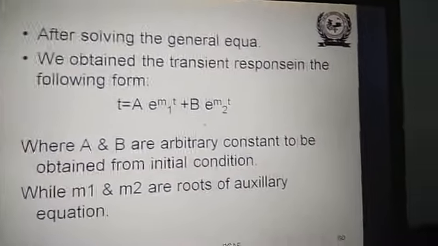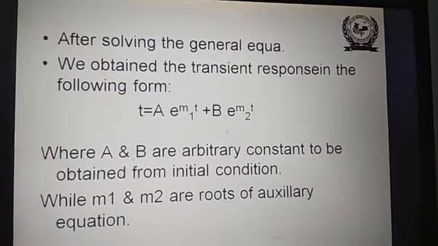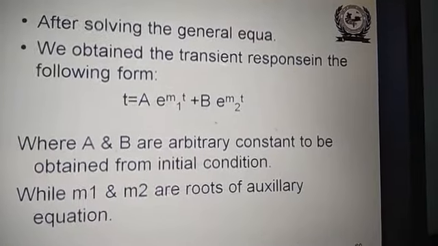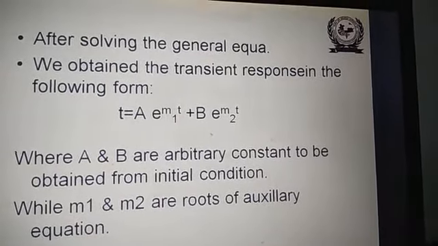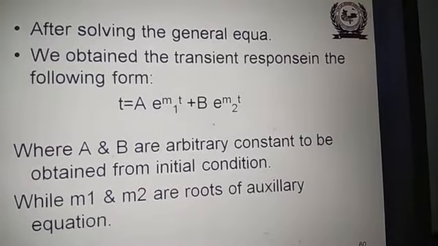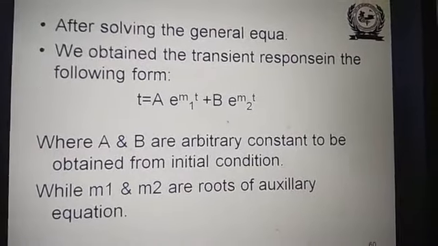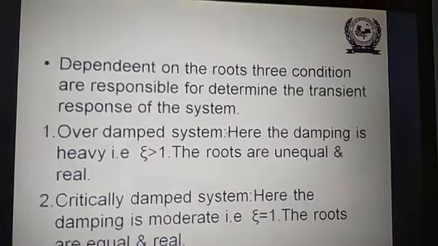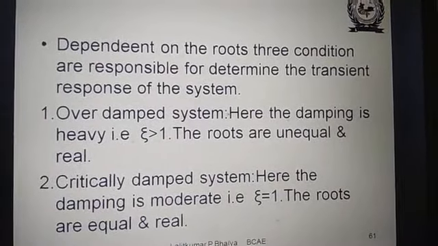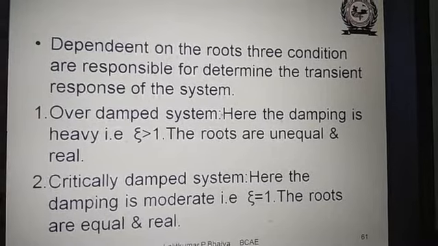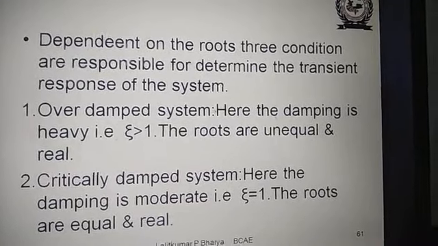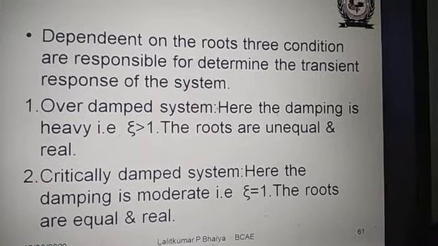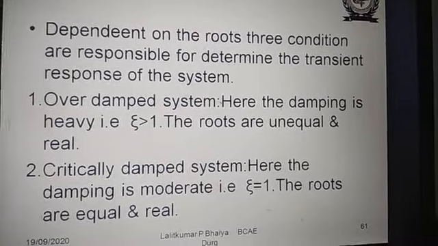You can solve this second order control system to get the time or transient response. This is not needed by you now, so you can leave this. These are the characteristics of the second order system. Depending on the roots, three conditions are responsible for determining the transient response of the system.